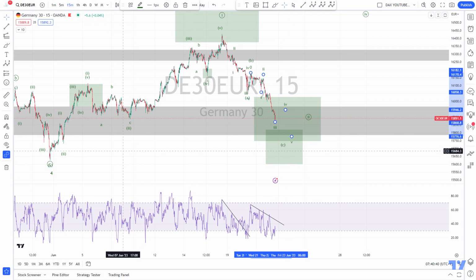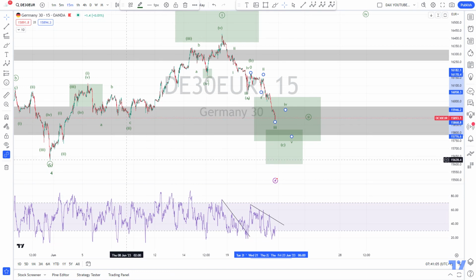Then as soon as we start to take out this low, things will become more clear, because then in my opinion we can turn bearish, and then it's easier to do short trades, let's say. But yeah, it's only a first indication.